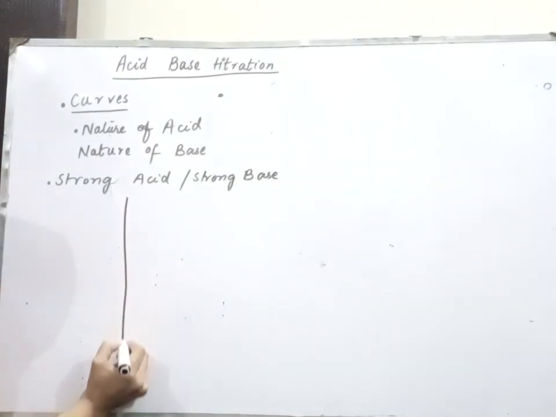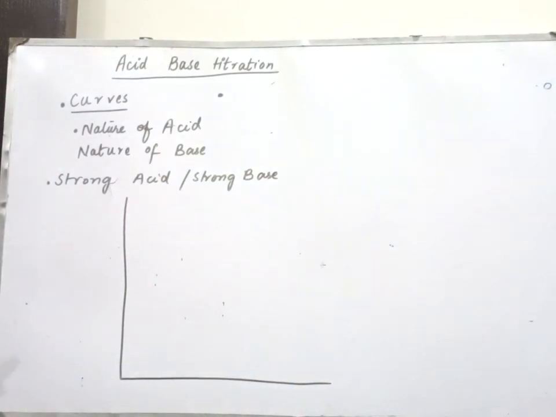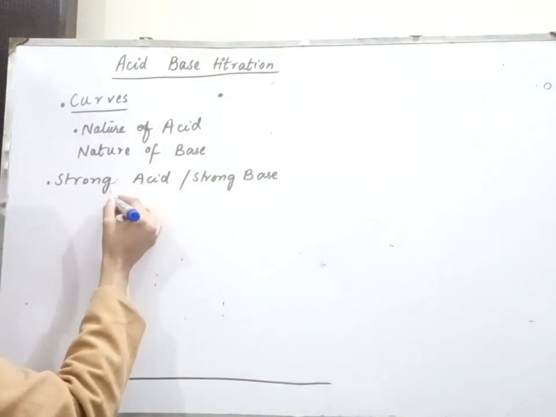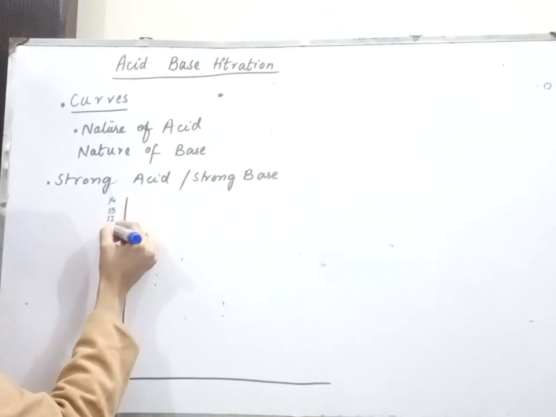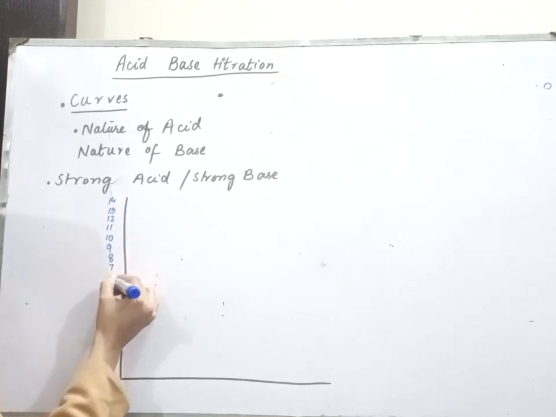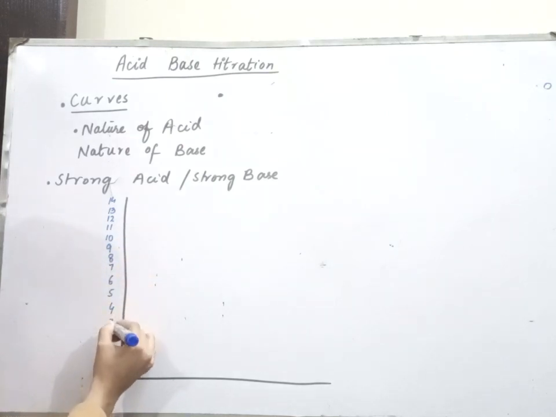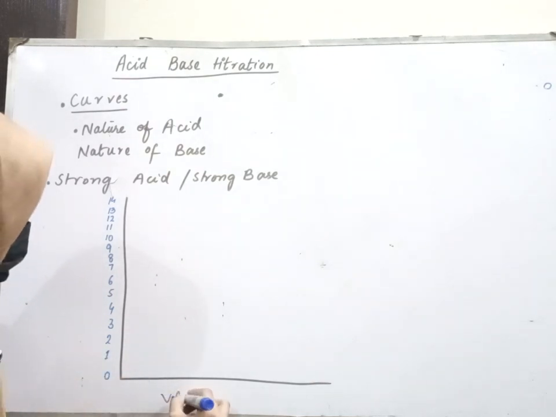It will be a curve like this. I will write the pH range here: 14, 13, 12, 11, 10, 9, 8, 7, 6, 5, 4, 3, 2, 1 and 0. Here will be the volume or concentration or moles.